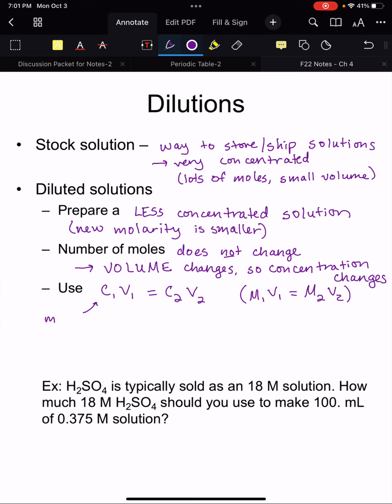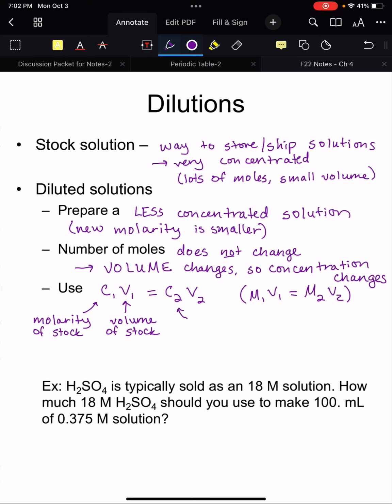So if you know the molarity of your stock solution, so this is the molarity of our more concentrated solution, and you know the volume of the stock solution, then you'll know something about what the new concentration is going to be.